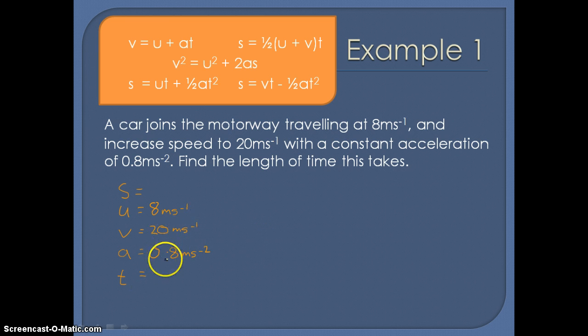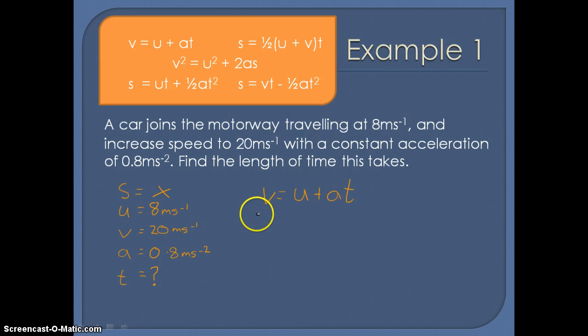We've been asked to find the length of time that this takes. So we know nothing about the displacement, and we need to choose an equation that has U, V, A, and T present in it. So we're going to choose that V equals U plus AT.